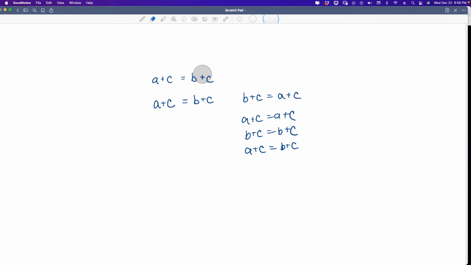And it should be something that is common sense for you. You should be able to say that if a is equal to b and a is equal to 2, then logically it follows that b must be equal to 2.